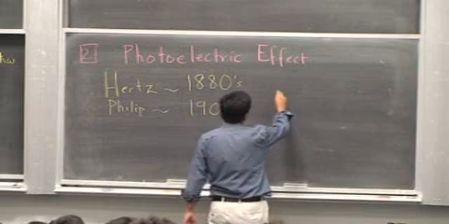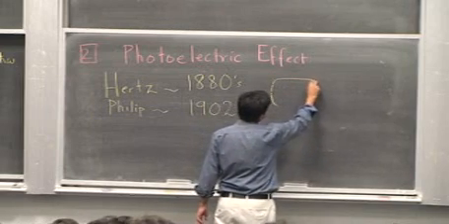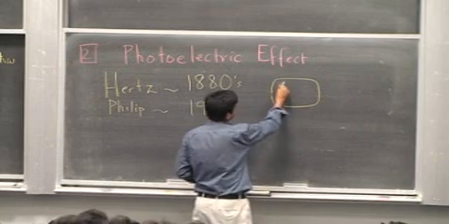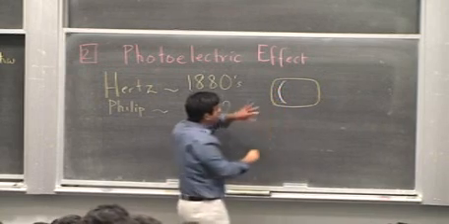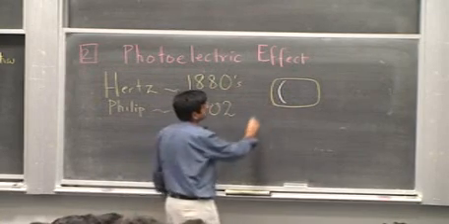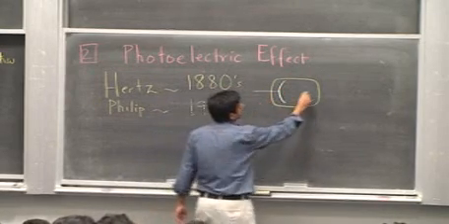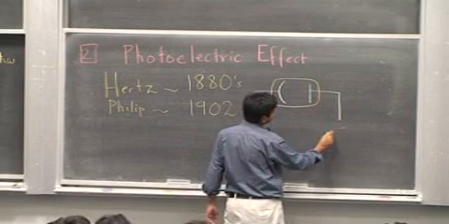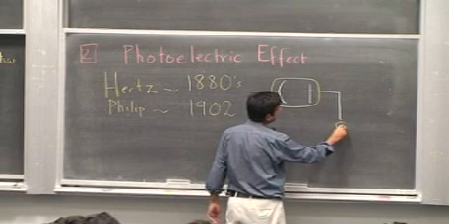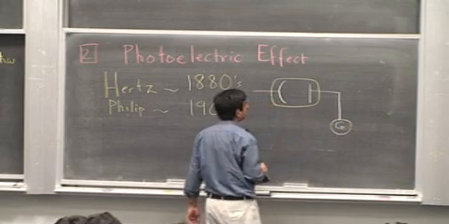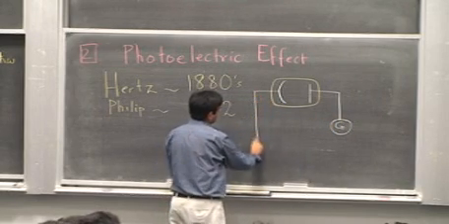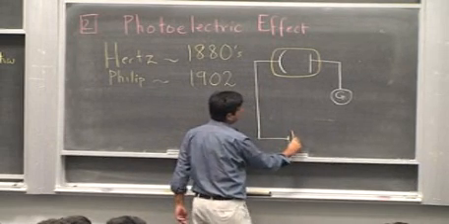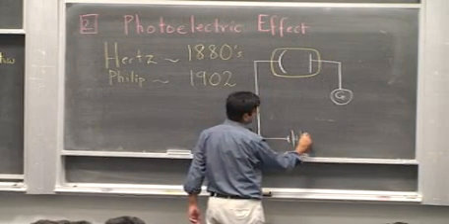You must have already seen this. You have a glass tube in which there is a metal which is shaped in a concave form. You have a very sensitive galvanometer or an ammeter, and you are able to apply a variable voltage.